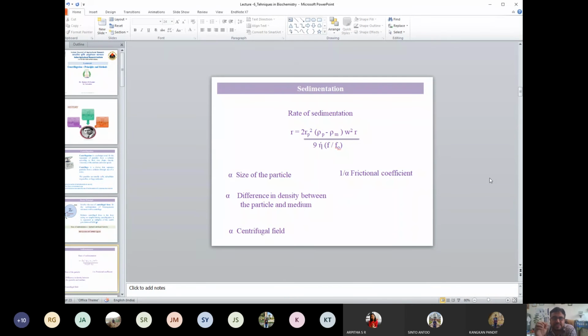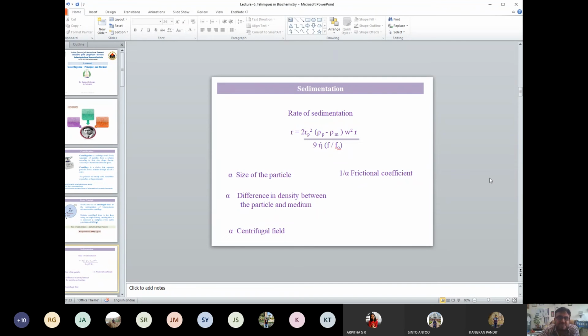Then if you see the denominator, here I have written 9, which is a factor, and then there is eta. So rate of sedimentation is directly proportional to the radius of the particle. It is directly proportional to the difference in the density between the particle and medium. And in the denominator I have written 9 eta f by f0.